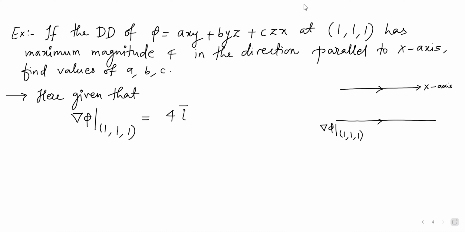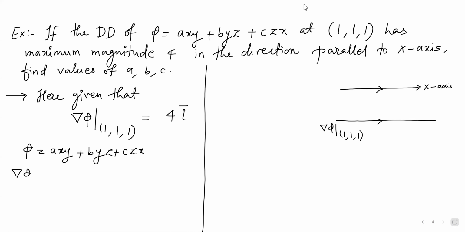Now the only thing is we have to solve this. Once we solve this, we get the values of a, b, c. So I'll find out first of all: phi is a x y plus b y z plus c z x. Find out del phi. Take the derivative with respect to x.